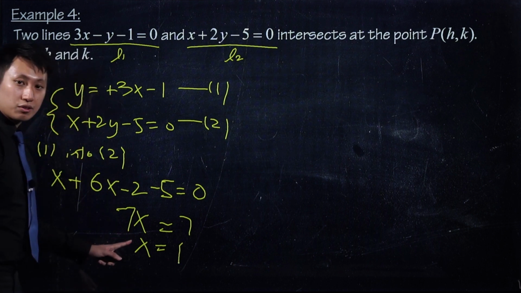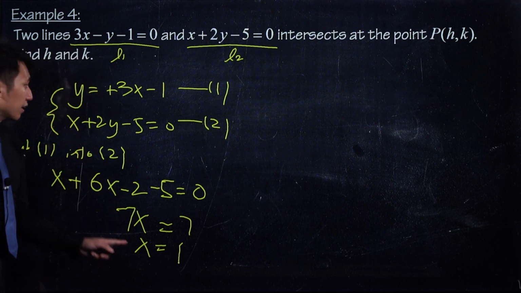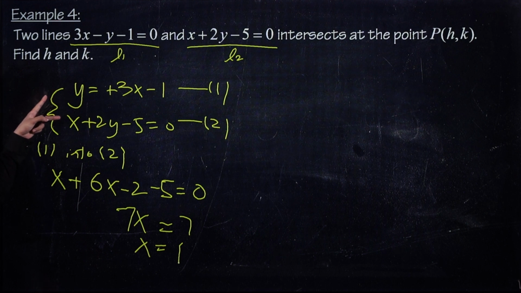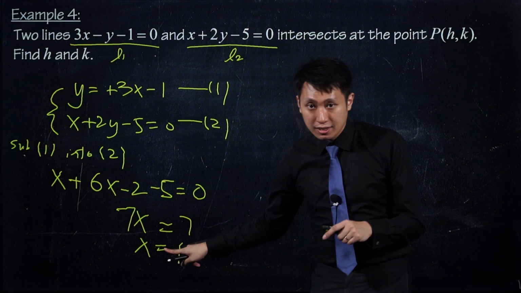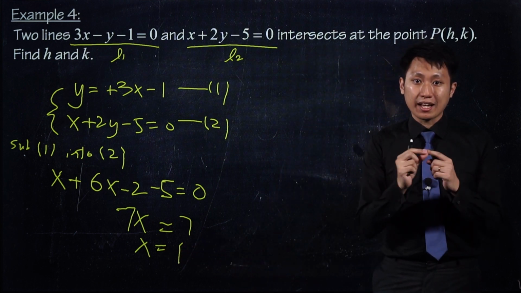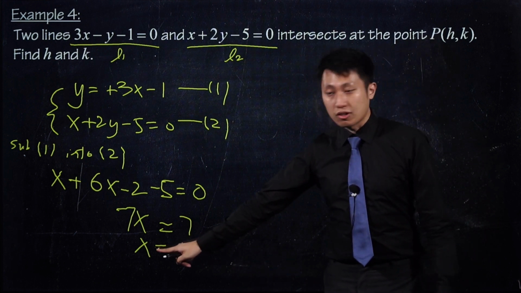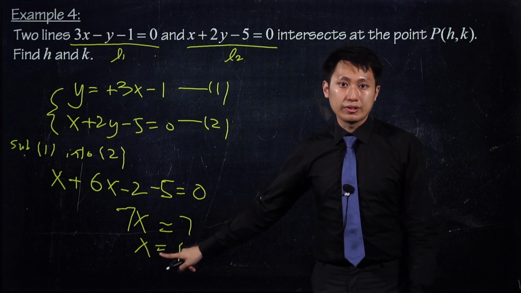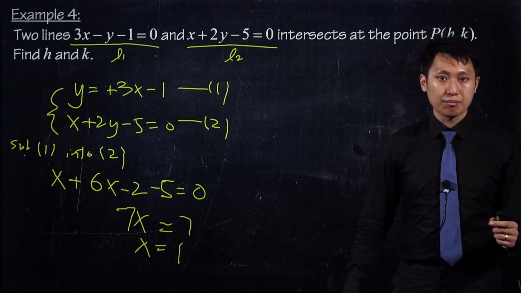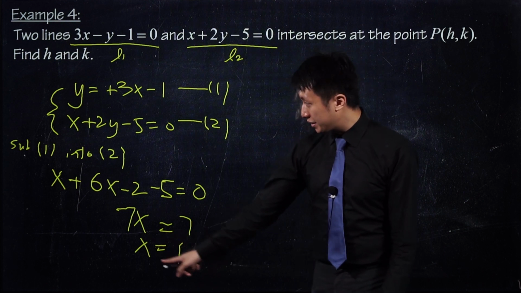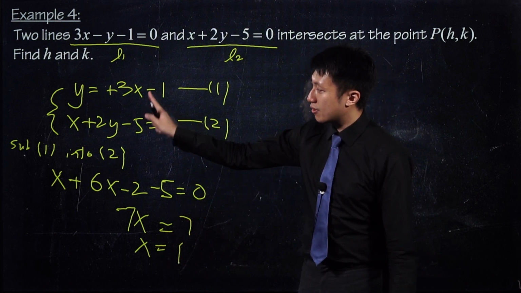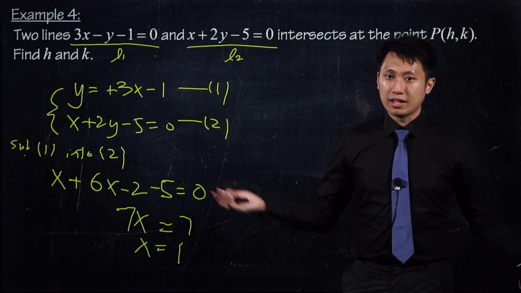What does this x mean? You equate these two equations and you find the x. This is the x coordinate of the intersection point. Once you find the x coordinate, you sub x equal 1 into either equation to find y, then you are done.